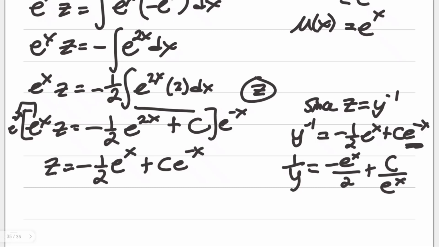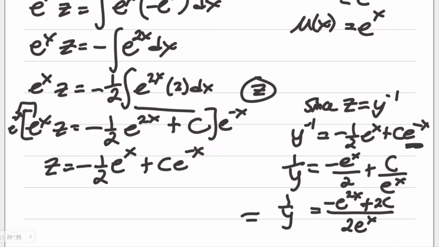Before we reciprocate, take note, this is the sum of 2 fractions. We cannot say that the reciprocal of a sum will be equal to the sum of the reciprocals. Let's combine this. So 1 over y is equal to negative e to the power of 2x plus 2c over twice e to the power of x.